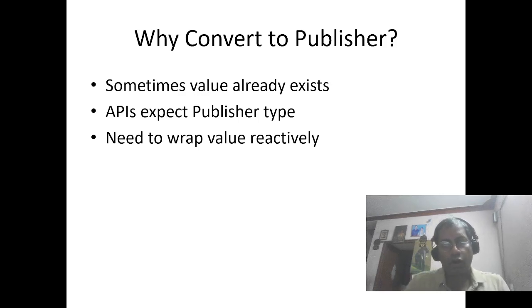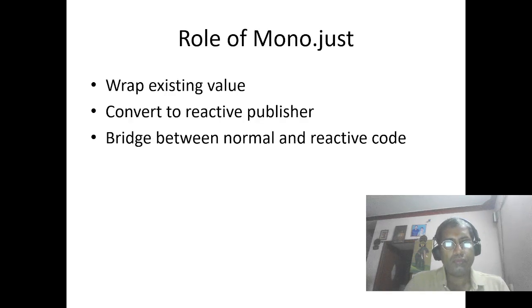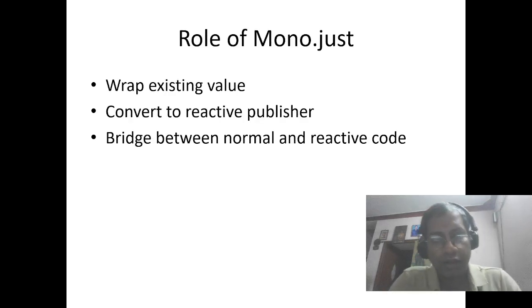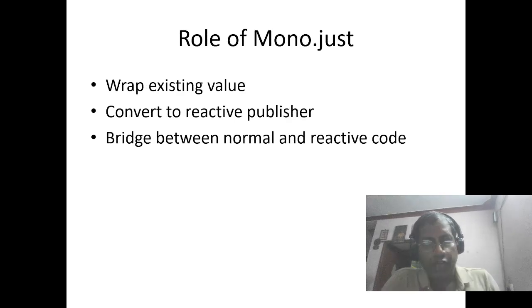So we cannot pass the raw value. We have to convert it. And that is where Mono.just becomes useful.